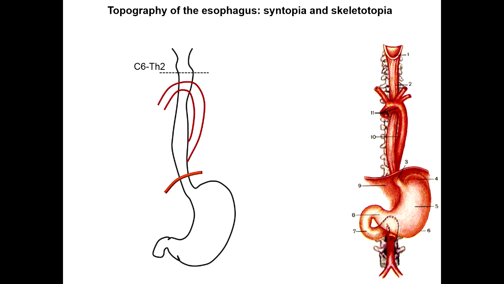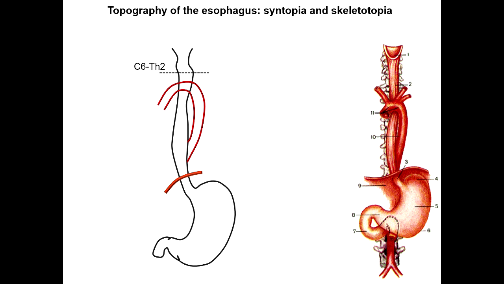And this is the projection of the aorta, thoracic aorta. We can see that the heart was cut in this picture.